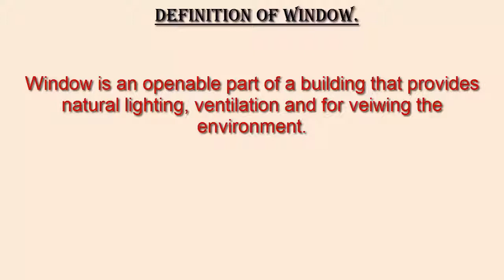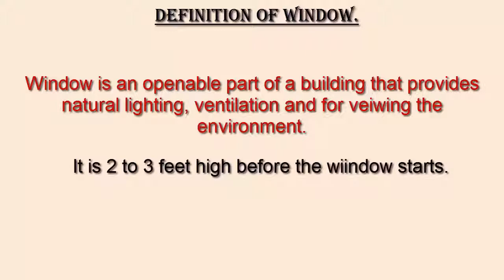If you look, the window doesn't start from the ground level. It is 2 to 3 feet high before the window starts. So these windows are there purposely to provide ventilation and lighting in the room. That is the essence of a window. You can also use the window for viewing the environment. That is another purpose of a window.